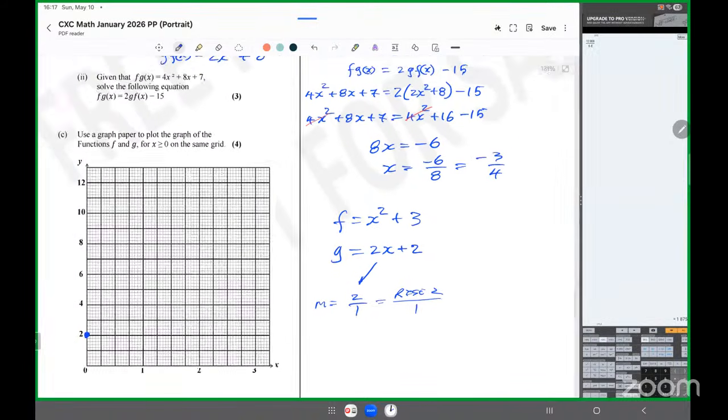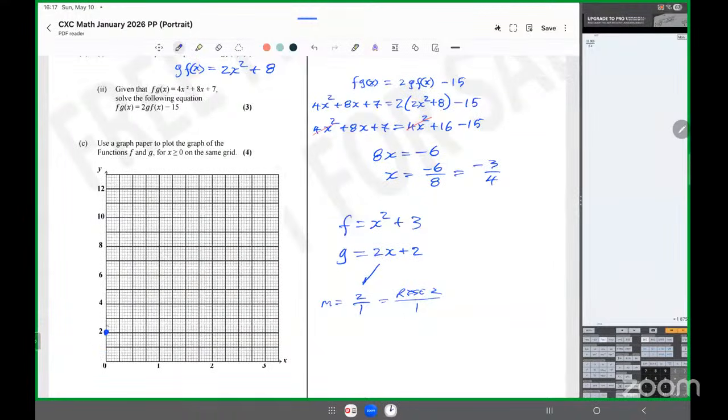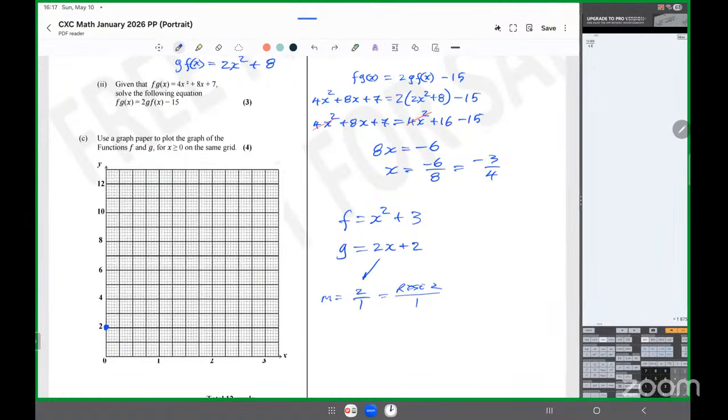So from here, we're going to rise 2, run 1. Remember, you're not rising grid squares, you're rising units.